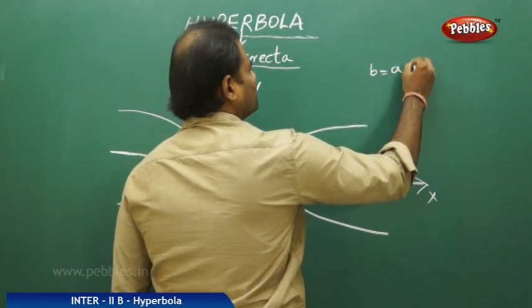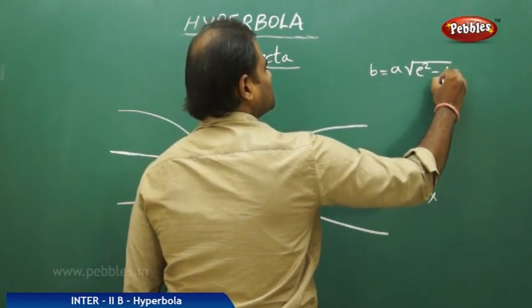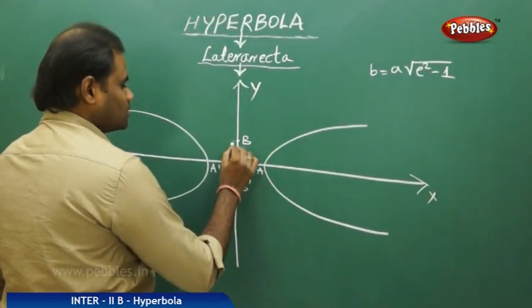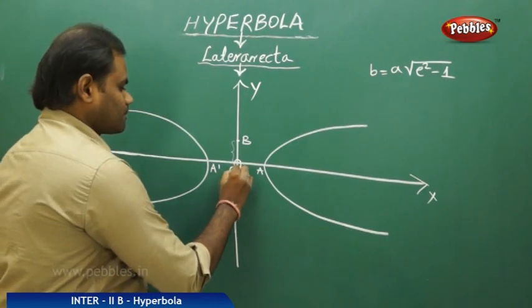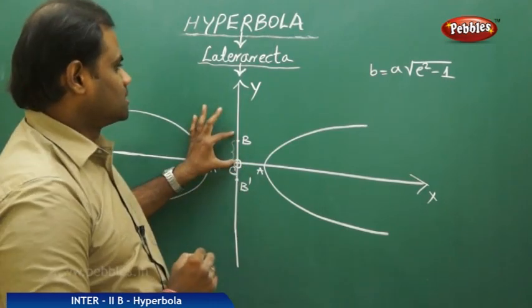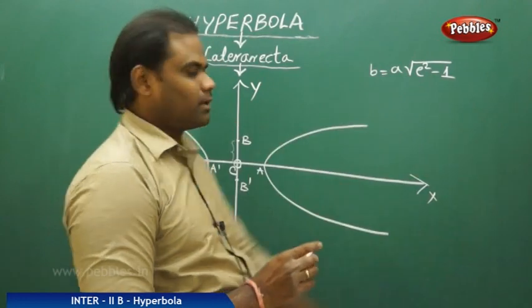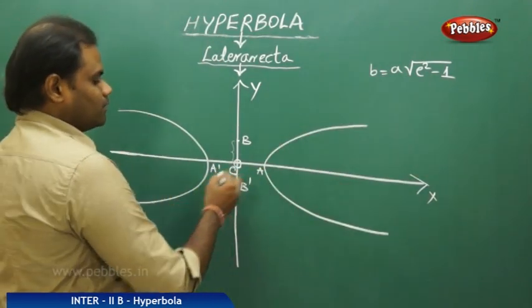I have the hyperbola with center as origin, and of course its x-intercepts are A and A dash, and this is B and B dash, with B being A root of e squared minus 1. The distance CB, which is from the origin, is A times root of e squared minus 1, where A is CA given out here.